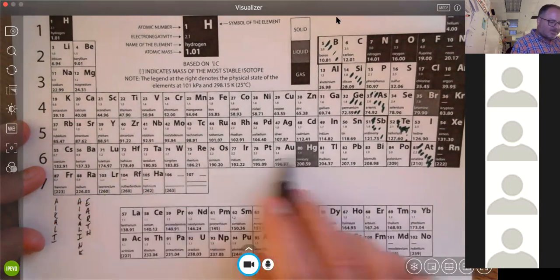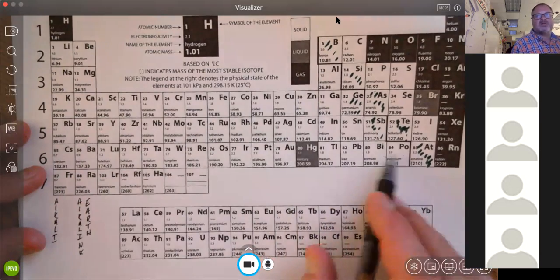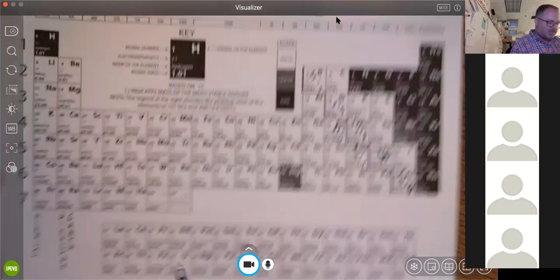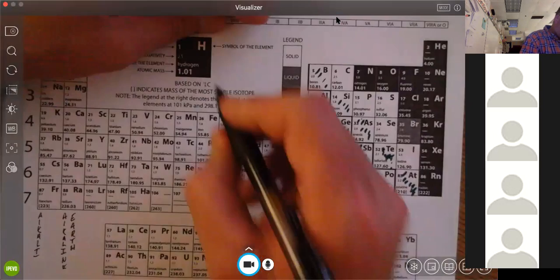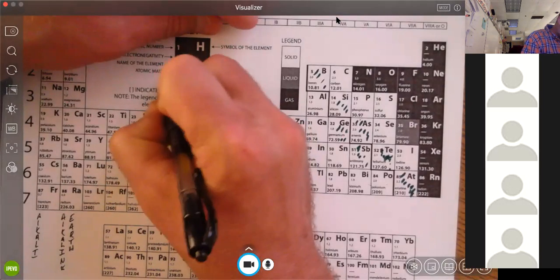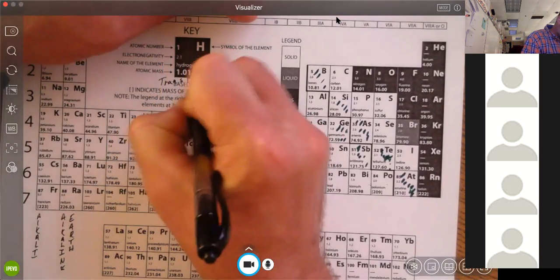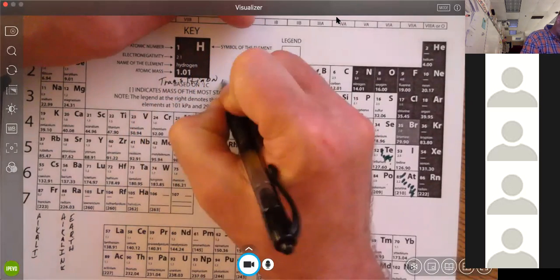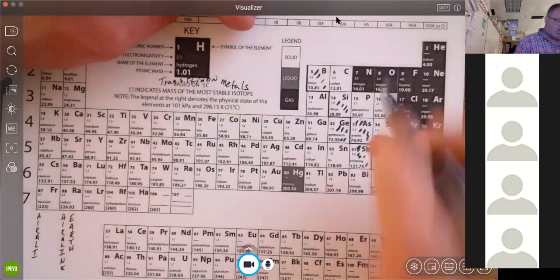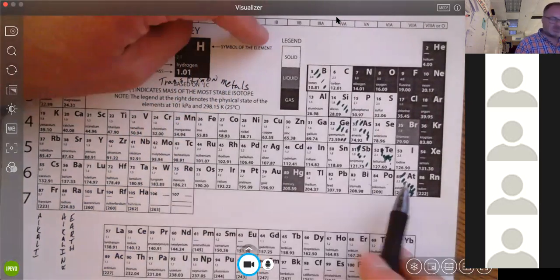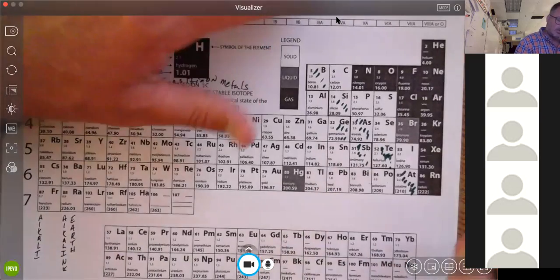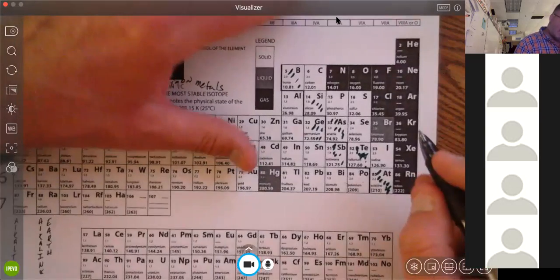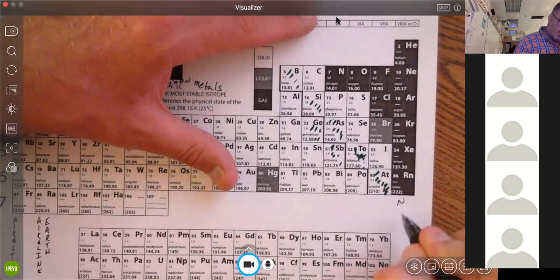Again, all of these guys all the way over to polonium, the tin and bismuth, these are called the transition metals. They are transitioning into the semi-metals and eventually into the non-metals. Group 8A over here is known as the noble gases.